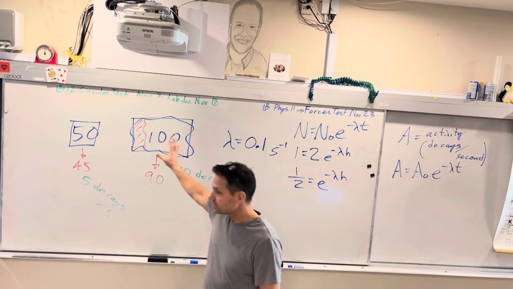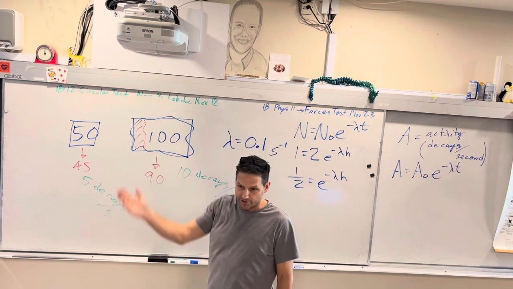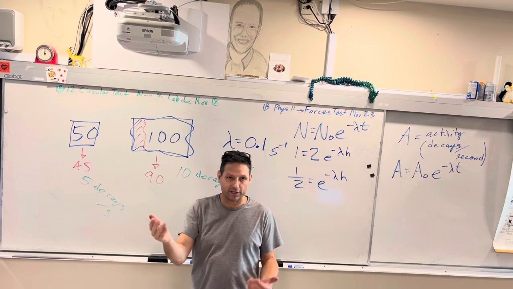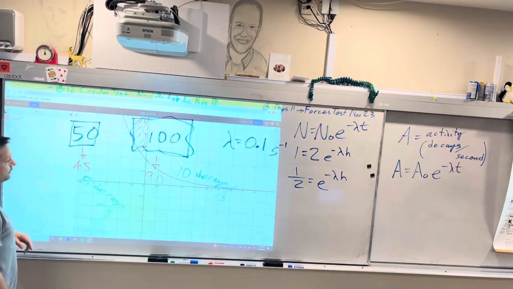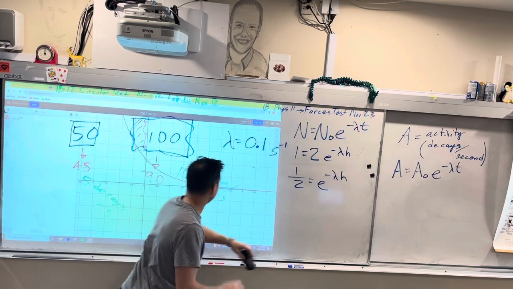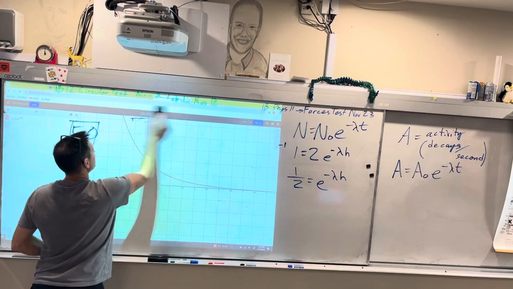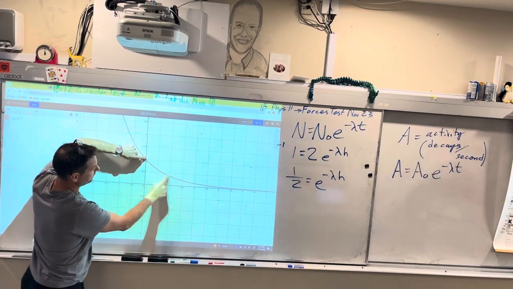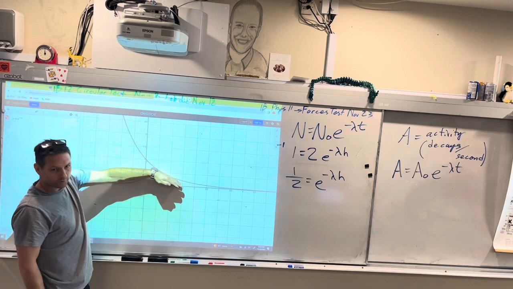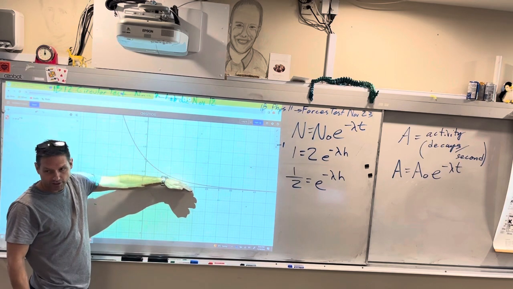But the decay constant remains the same, so the graph looks the same. Remember I said the e function is its own derivative. So as your number of nuclei comes down, your slope comes down the same amount. So your activity will decrease along with your number of nuclei.